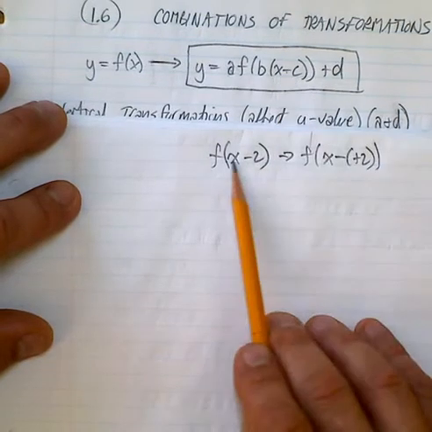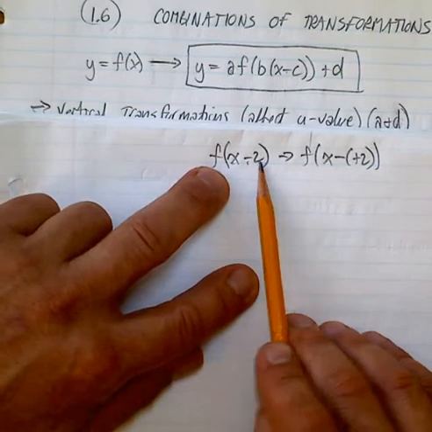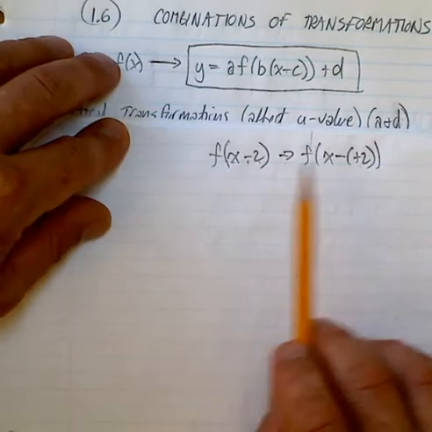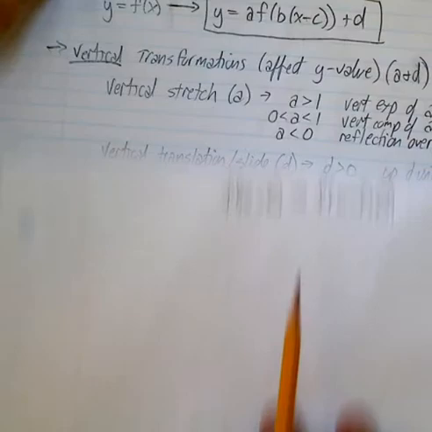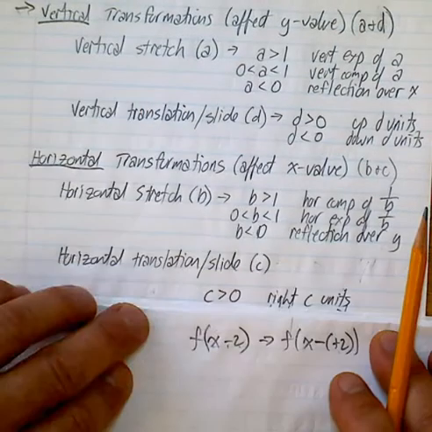So if you have x minus 2, it means your 2 is actually positive. So it goes right 2, or right c units.